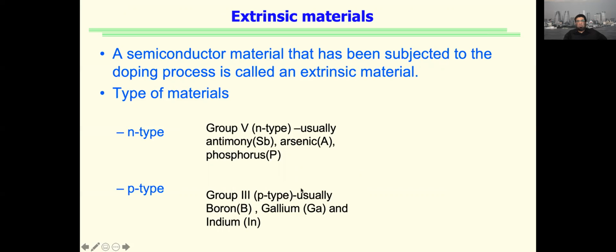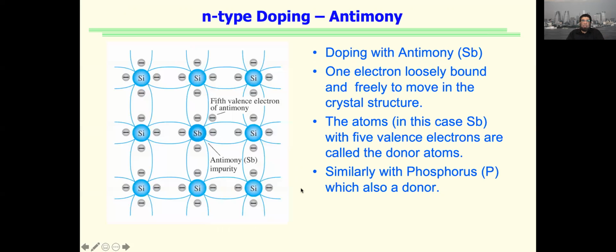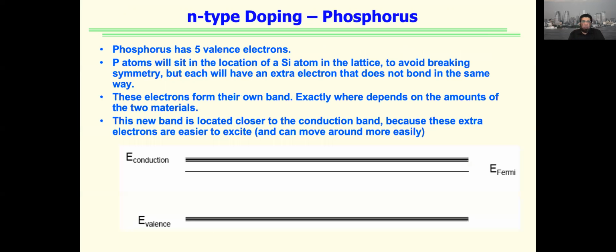So just to look at specific examples again, here we are showing antimony, which is replacing one silicon atom and then has an extra electron, which is being pulled around. And when we do that, we push the Fermi level. If we are doing n-type, we push the Fermi level close to the conduction band, which means now there are many, many more electrons.